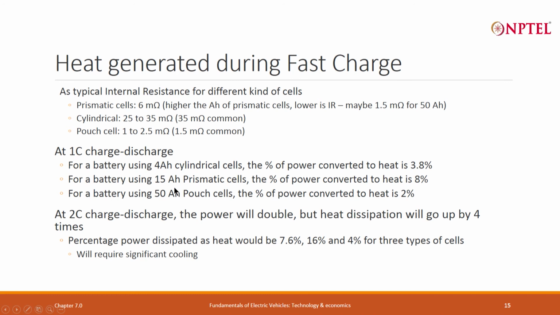For a battery using 15 ampere hour prismatic cells, 15 ampere hour prismatic means 6 milliohm, still high. What is the percentage of heat generated? Well, it is much more. Though my milliohm has gone down, my ampere hour has gone up.